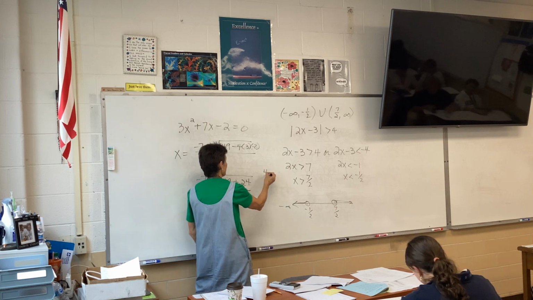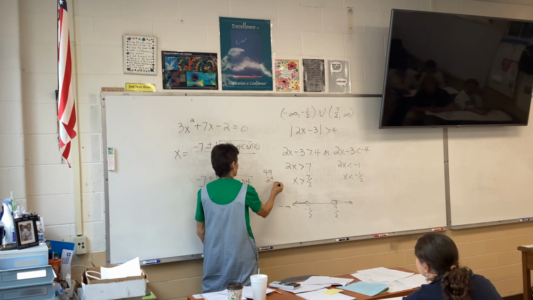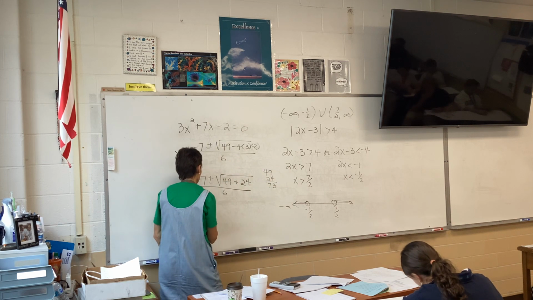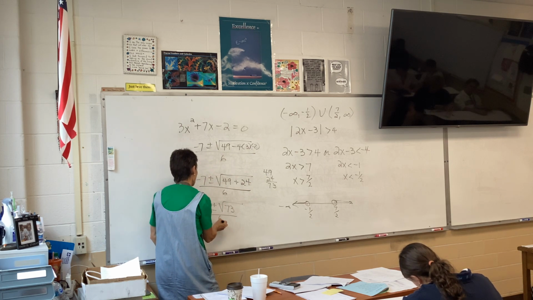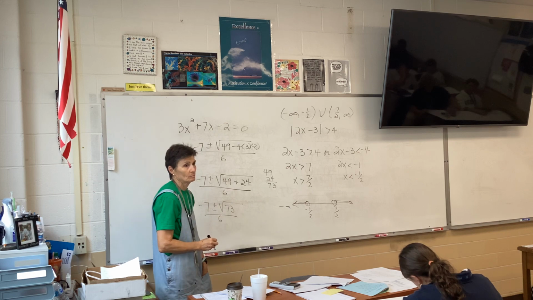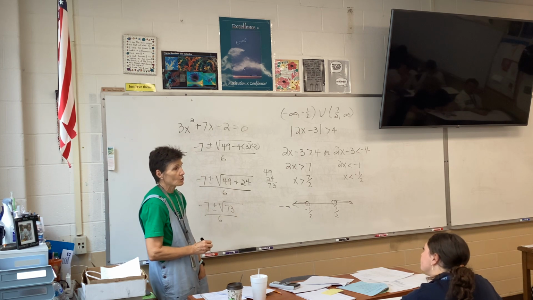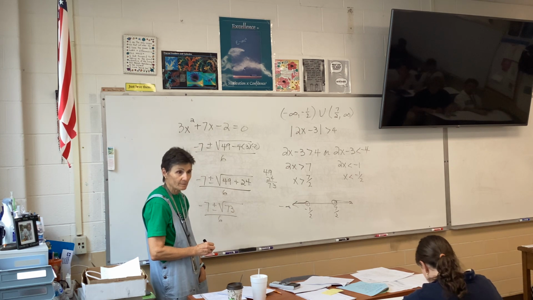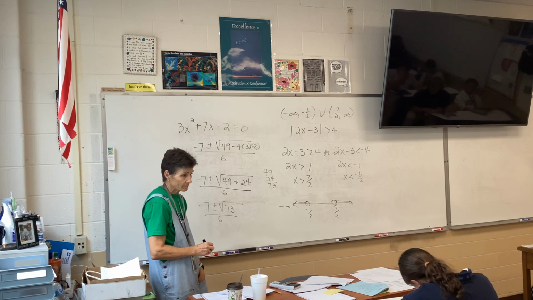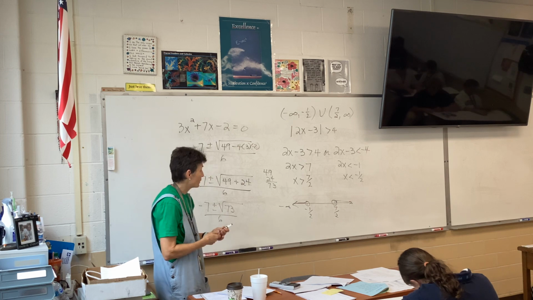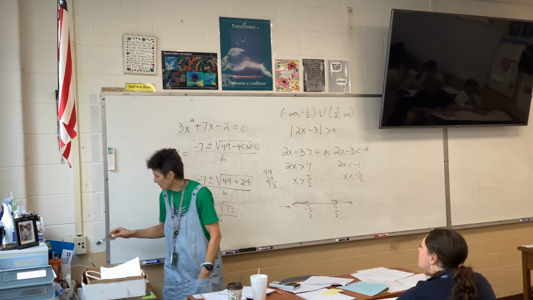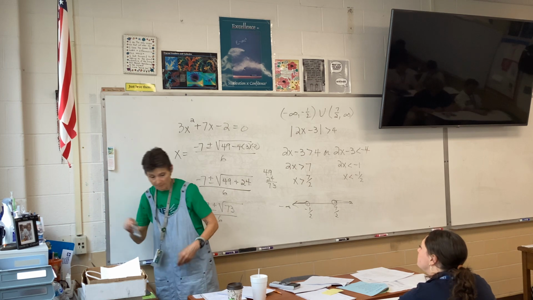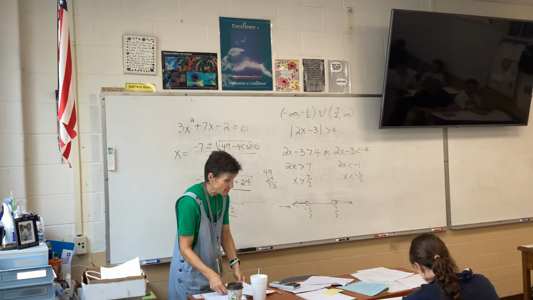What's 49 plus 24? 73. Does 73 break down? No. So guess what? We're done. That's the answer. Aren't we happy? Hopefully you get one like that on your test, that doesn't break down and you don't have to do any weird stuff with it. Okay, that's problem 1.